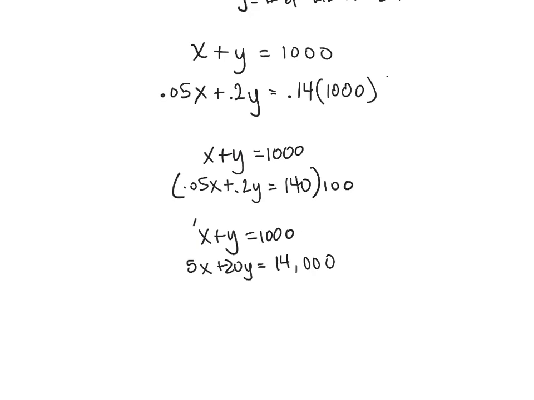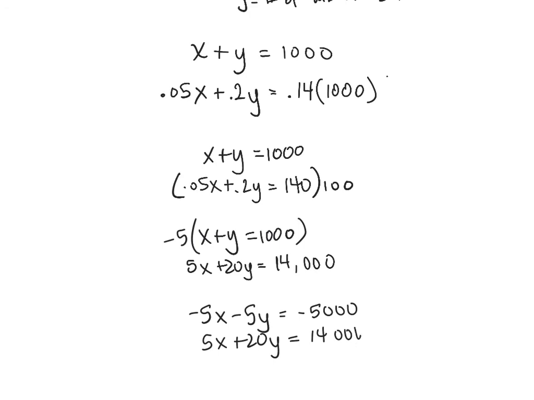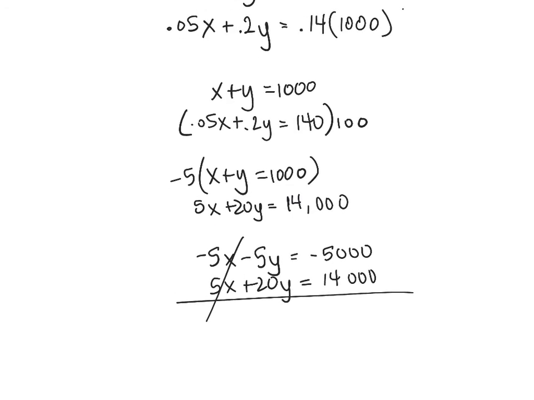If I wanted to eliminate the x variable, for example, I could multiply that top equation by -5. And then now I have the x variable eliminated, leaving 15y equals 9,000.